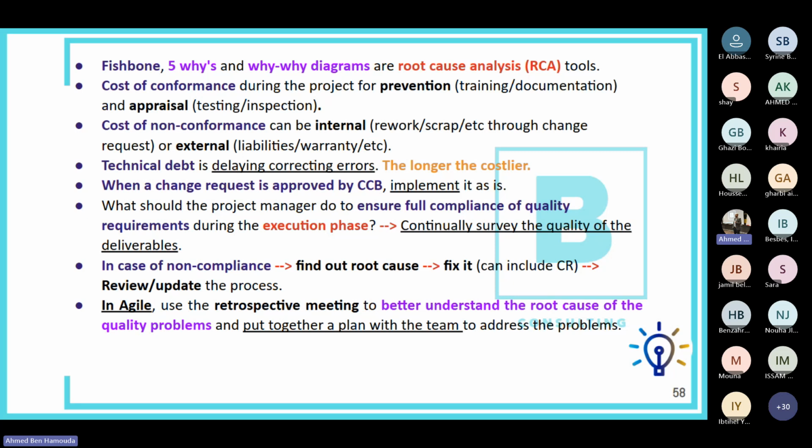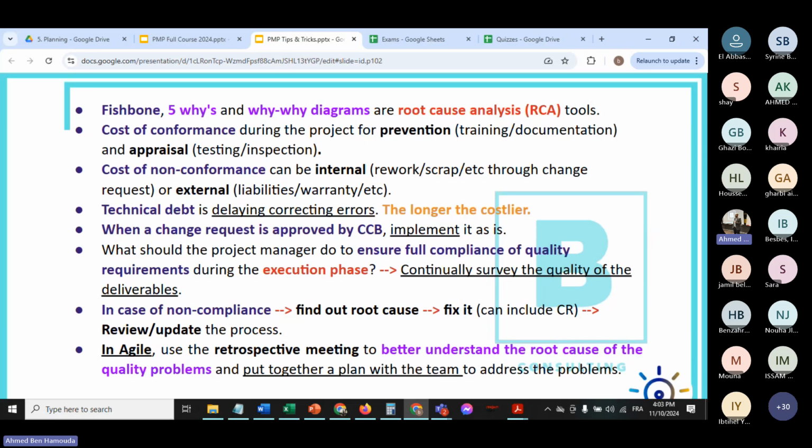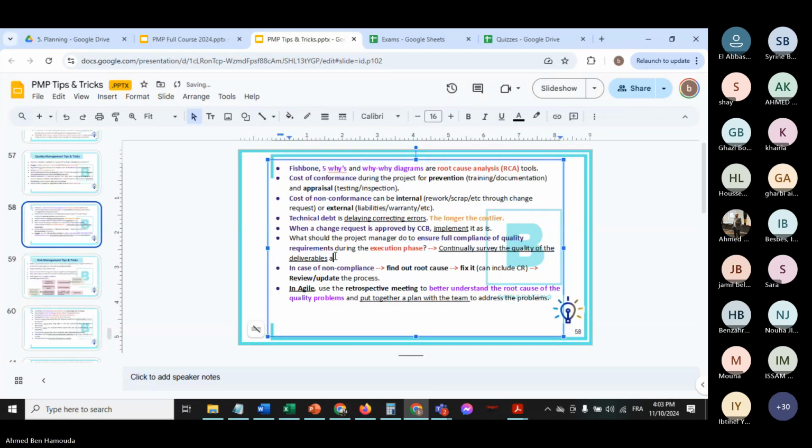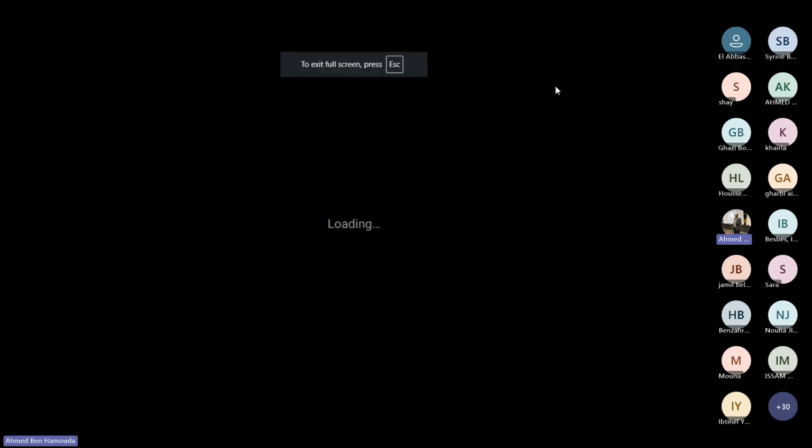In order to ensure that you're fully compliant in terms of quality, involve the customer. Okay, so here I can add it actually: continually survey the quality of the deliverables and involve the customer slash stakeholders, because they will help you with their feedback.